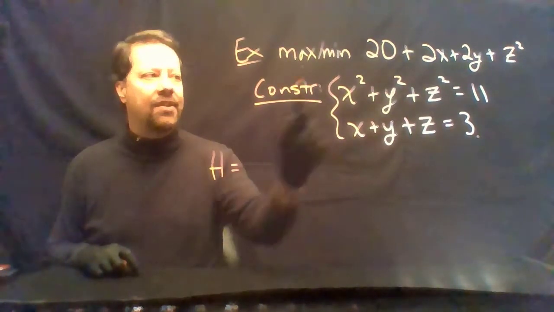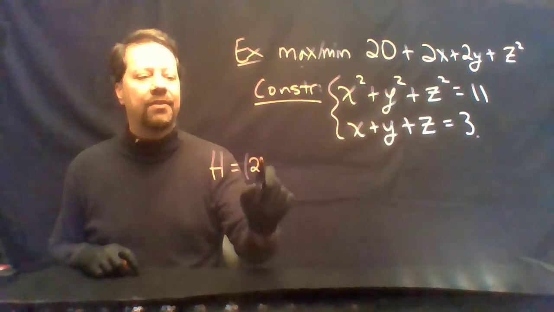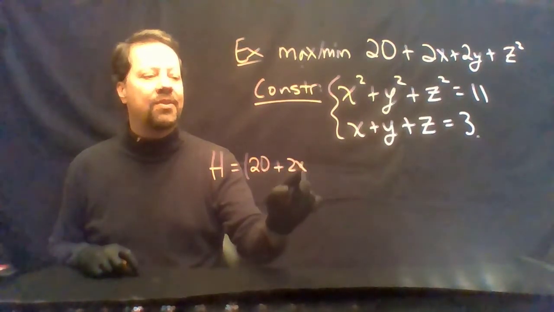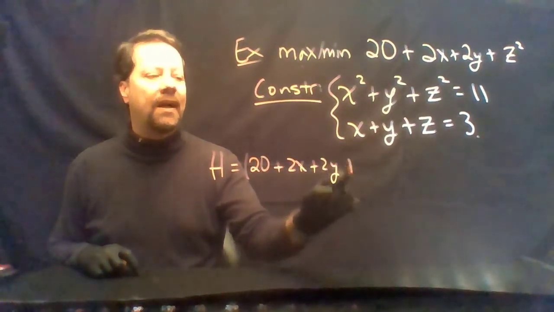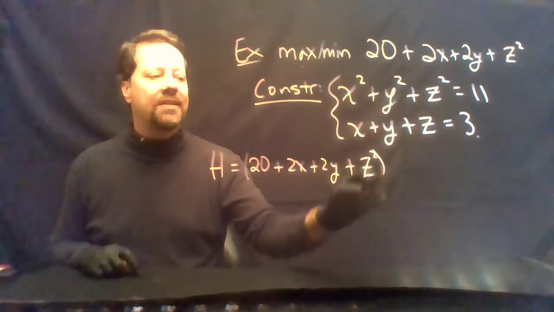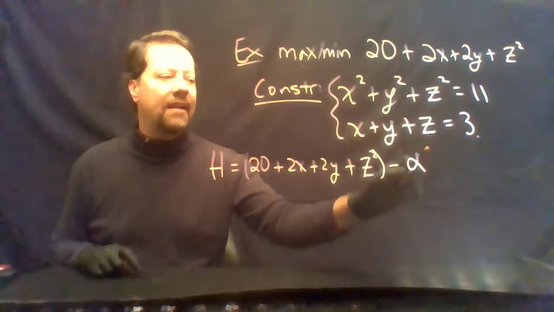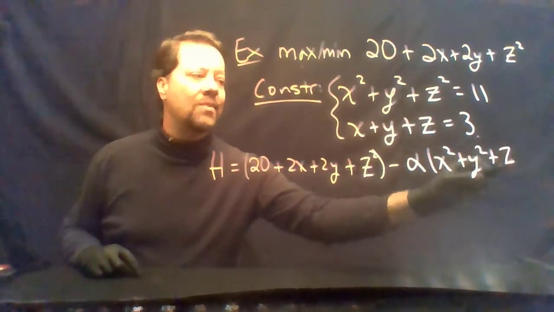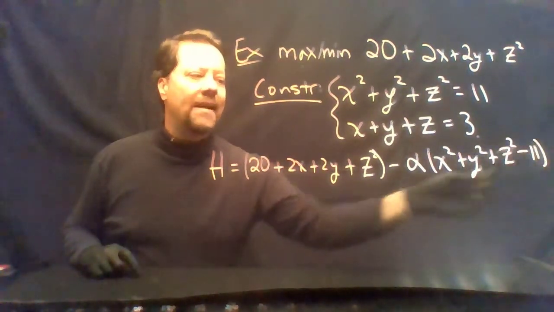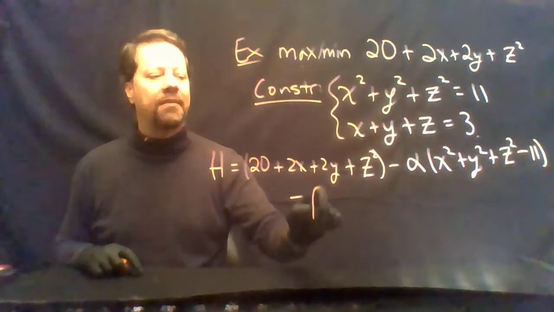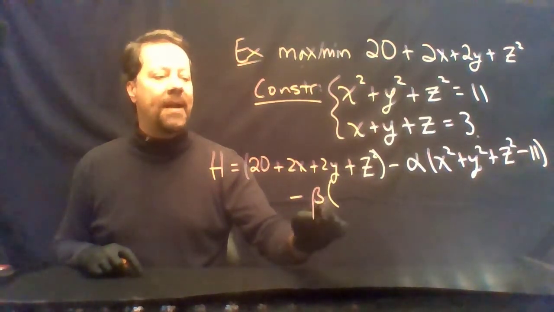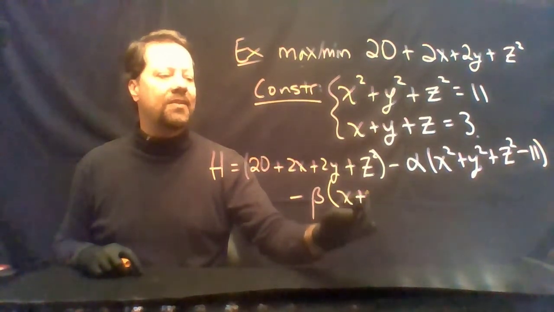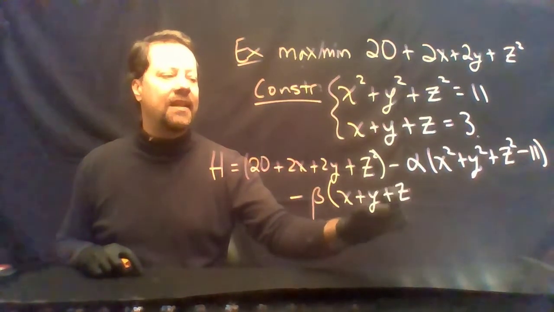So the function h is going to be the objective function 20 plus 2x plus 2y plus z squared minus, I'll use alpha, times x squared plus y squared plus z squared minus 11, which doesn't really have to happen, minus beta times x plus y plus z minus 3.